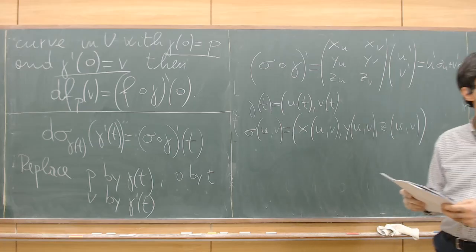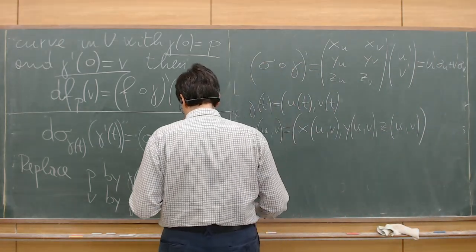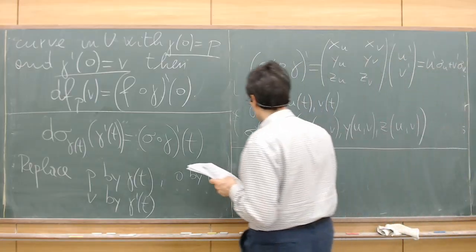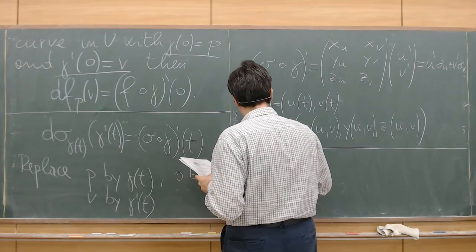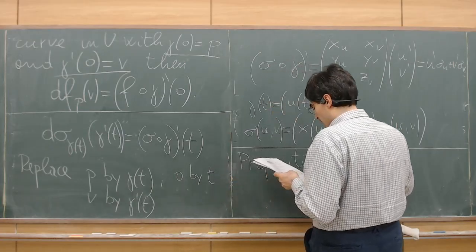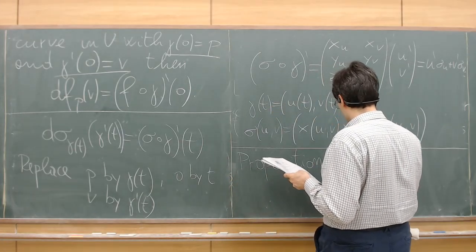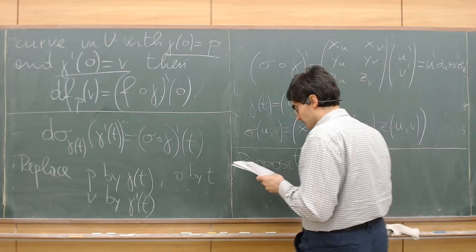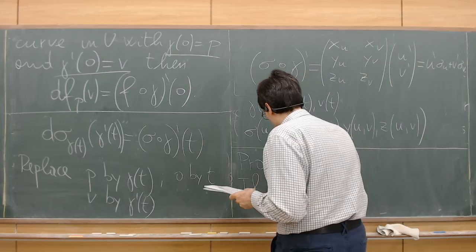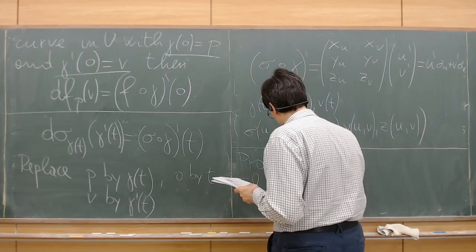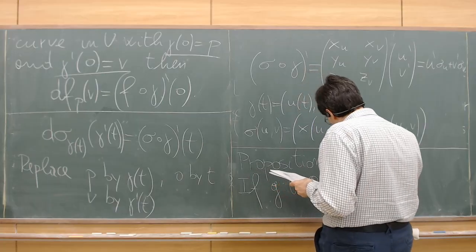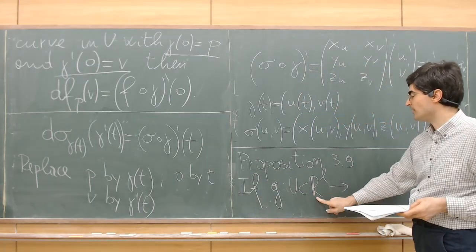Okay, the last result I will present today is the chain rule, or Proposition 3.9. So suppose that G is defined on an open set U of R^l.